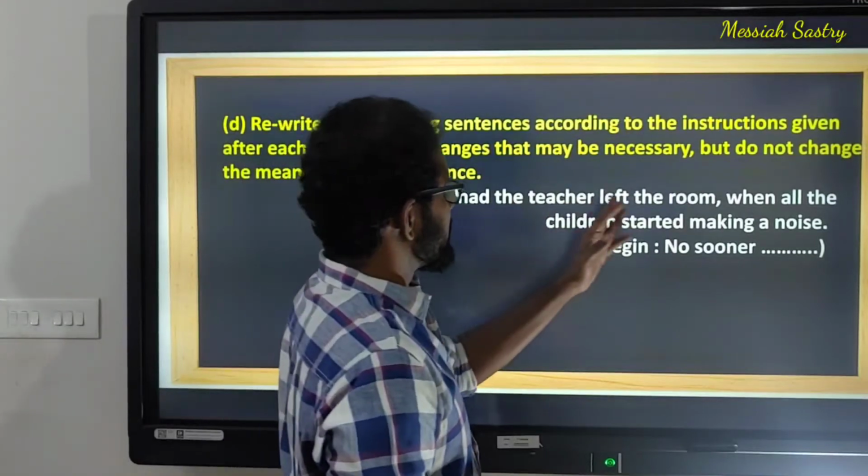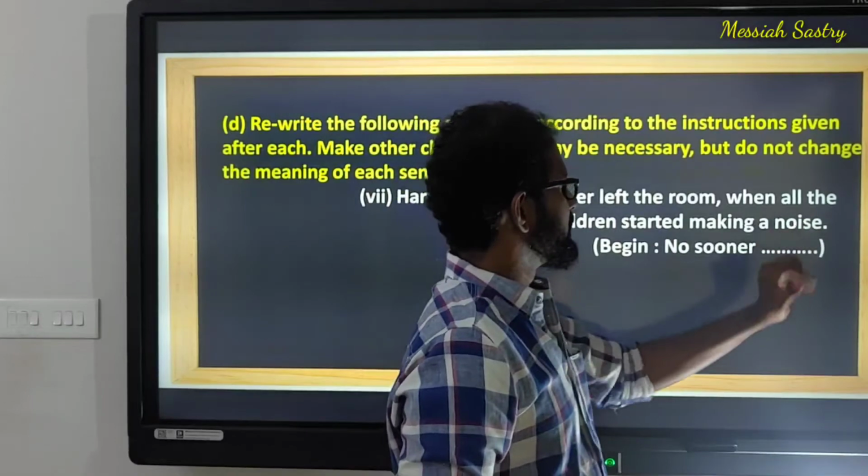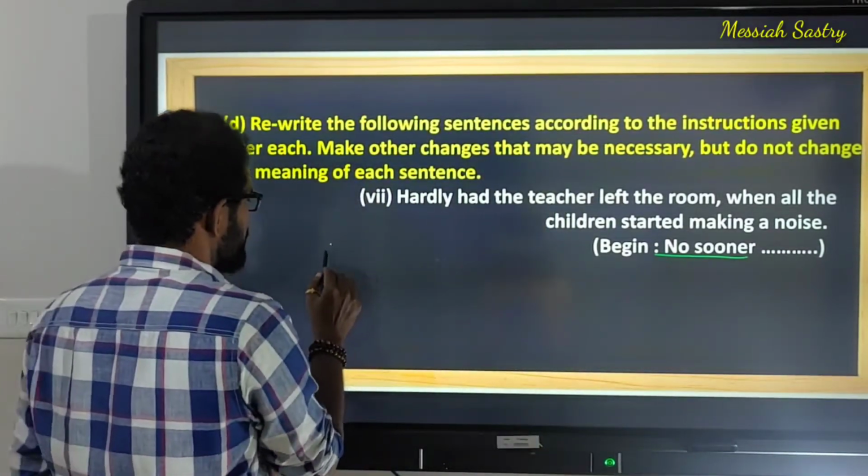Hardly had the teacher left the room when all the children started making a noise. We are asked to use no sooner. So what is the rule for no sooner?